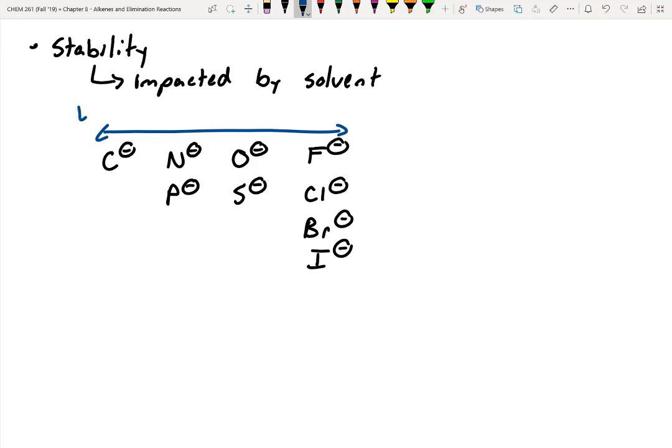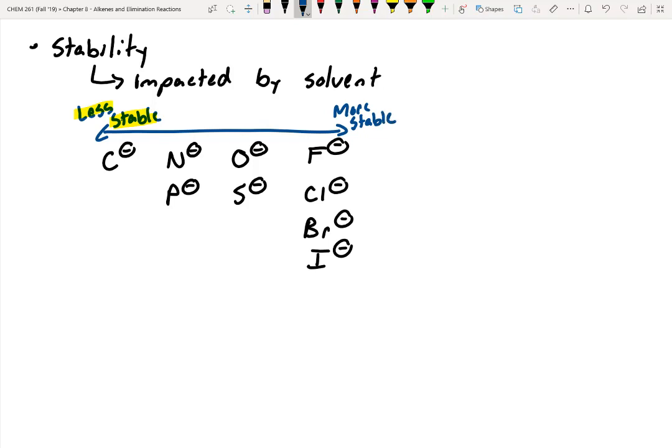Okay. It's going to be less stable due to electronegativity, right? Carbon's not a very electronegative atom. It does not want that negative charge. So really, if we're going left on the periodic table across a row, we're getting to things that are less stable, meaning they're going to be more nucleophilic, right? Over here, we would get to more stable.